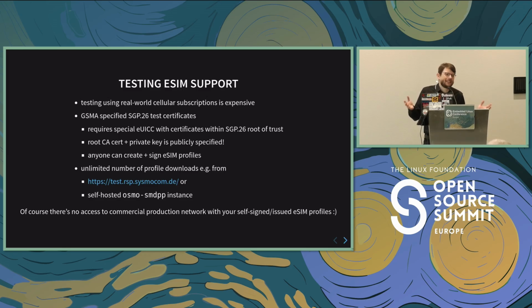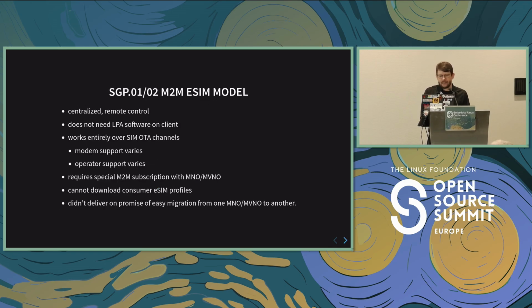Of course, in that context, you won't get cellular connection to a public commercial cellular network. I mean, if you have a lab network, then you can make sure the credentials match, and you can actually register to your cellular lab network using such a test eSIM profile, but not, of course, your commercial cellular operator.